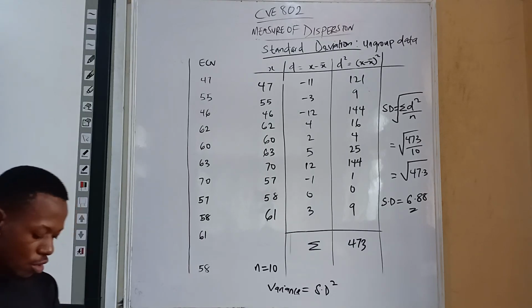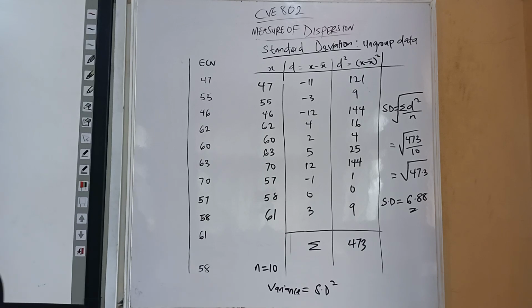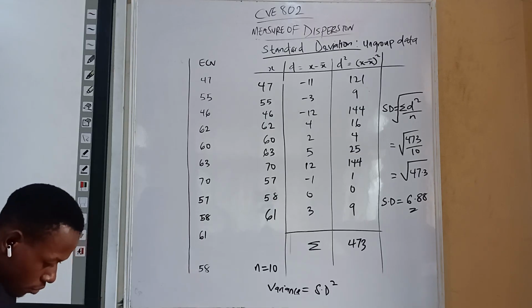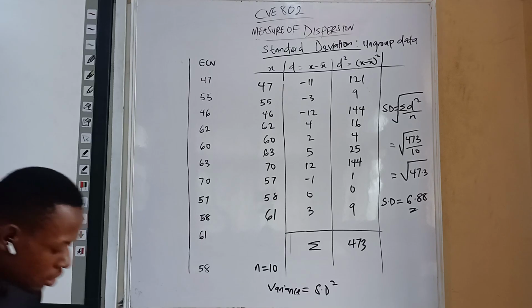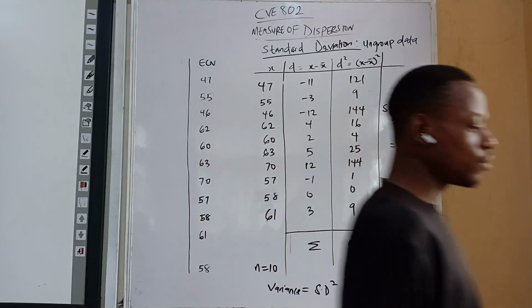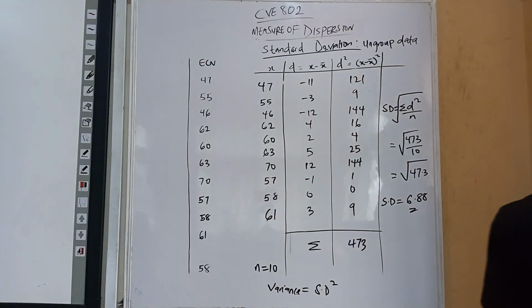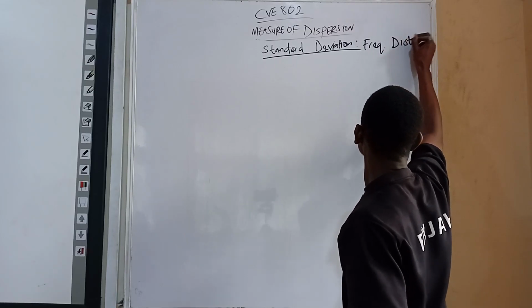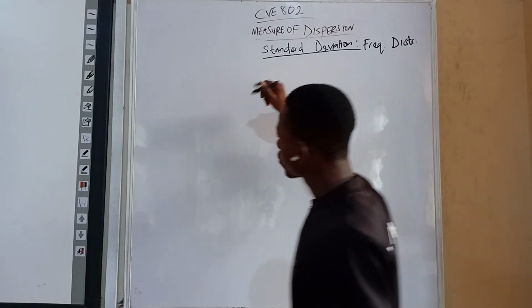So now we'll be checking an example on how to find the standard deviation for a frequency distribution. Let's take this table for example.